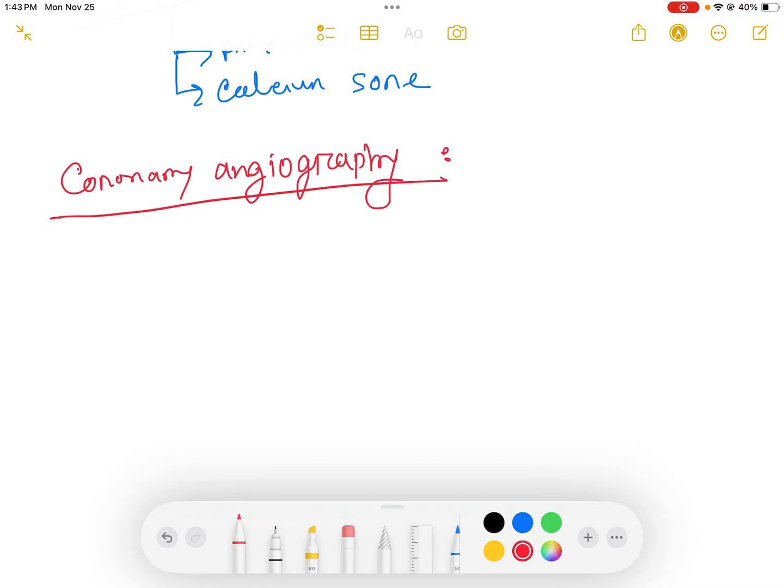Selective coronary angiography provides the means of accurately diagnosing the presence and extent of coronary artery disease and remains the gold standard diagnostic technique.